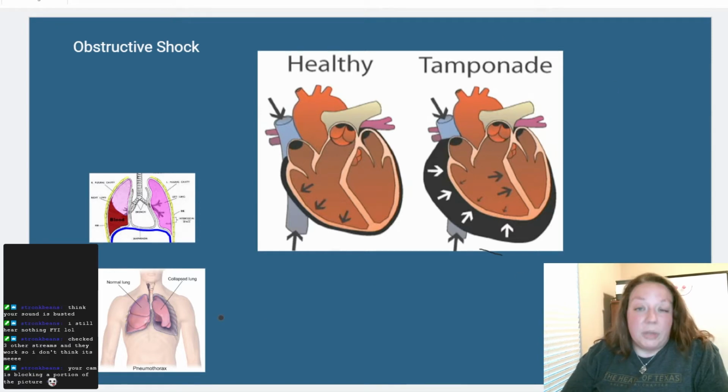This is an emergency. If you don't get that pressure relieved off of the heart, you're not going to have any blood flow, and that includes to the heart itself. So that needs to be drained. They usually do a pericardiocentesis, where they stick a needle in and draw the fluid out, but it needs to be drained pretty quickly.